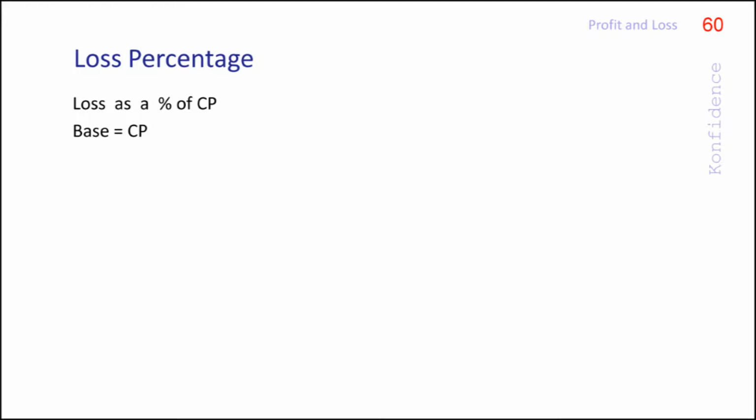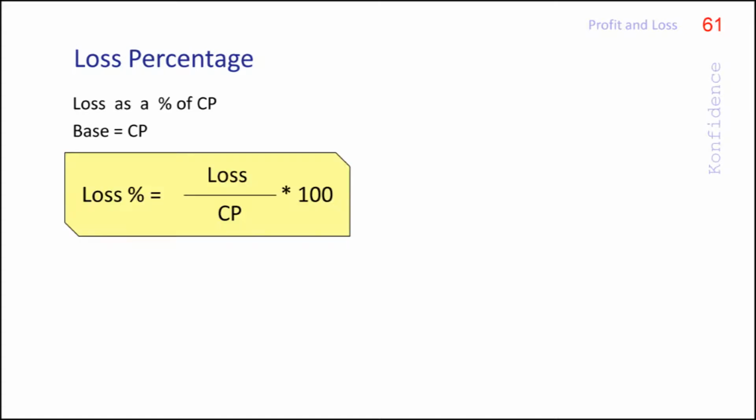Loss is therefore found out with the basis being the CP or the expenditure. So if loss is found out as a percentage of CP, it would look like loss percent equals loss divided by CP into 100.